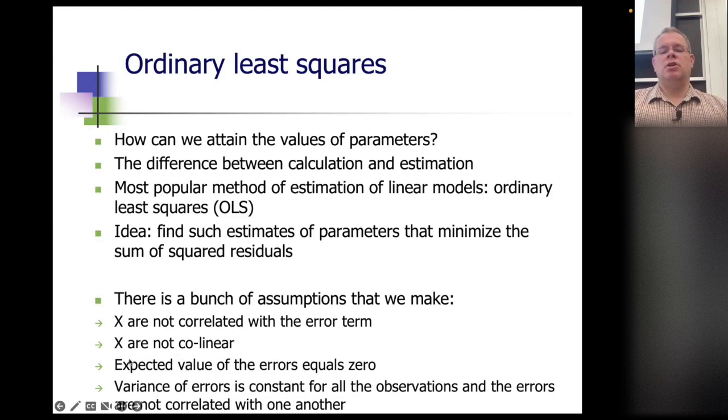But there are two which are not that obvious, namely one, the last one, that's about the variance of the errors, which should be constant for all the observations, and the errors not being correlated with one another. So you could think of that as saying the distribution of error is the same for each and every observation and does not depend on anything else.